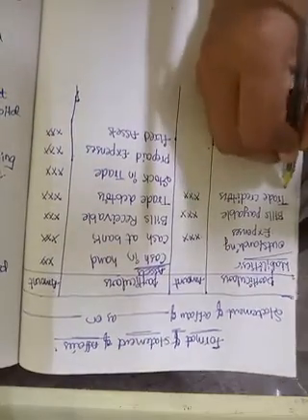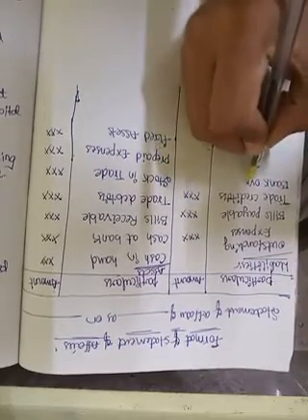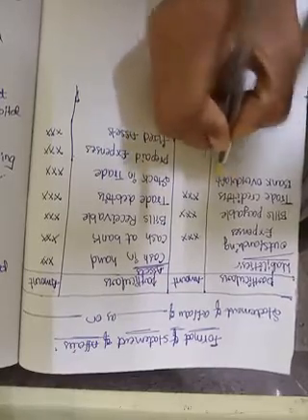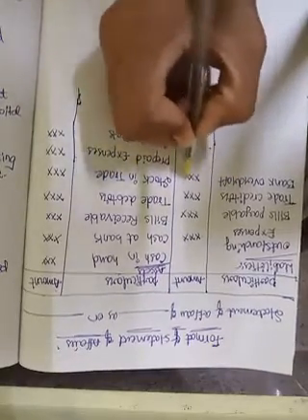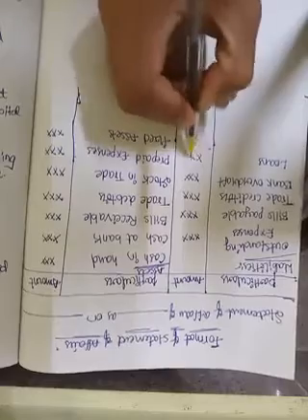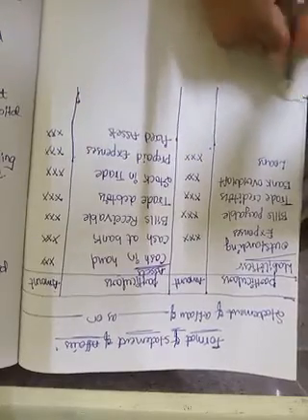The next is bank overdraft, and then next is loans. Okay, these are the liabilities.